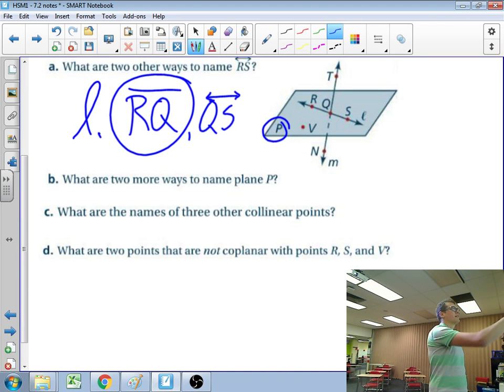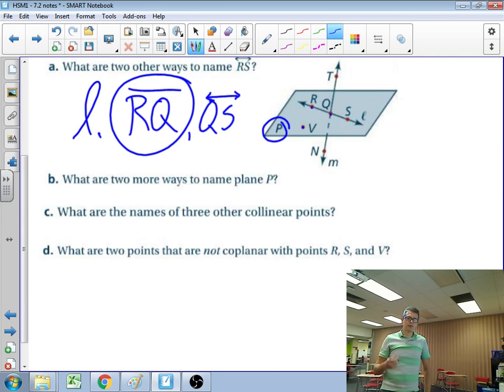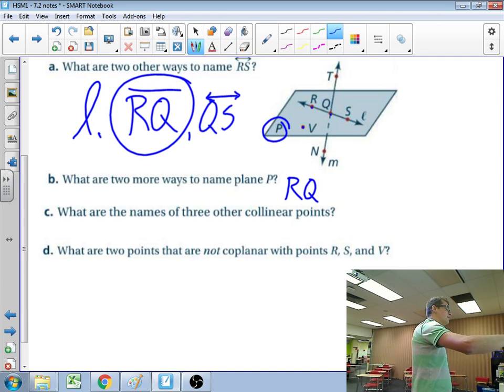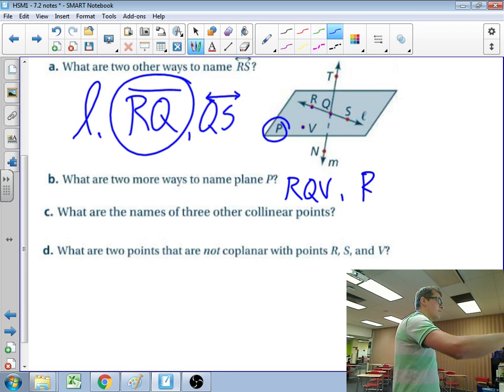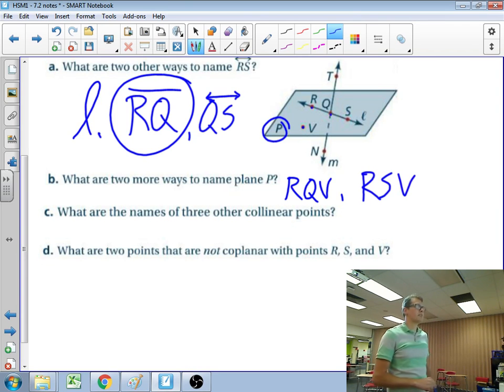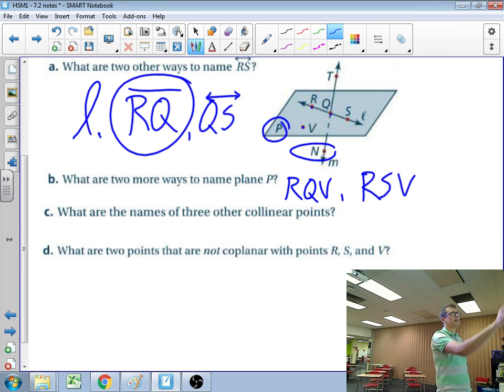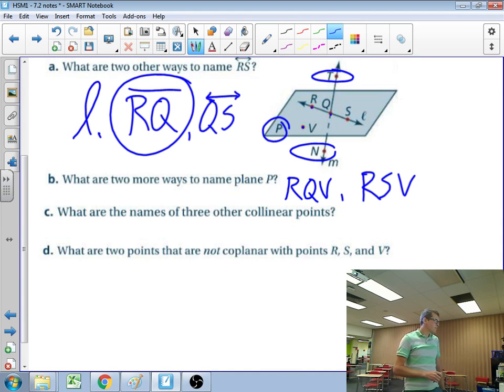If I have 3 points such as R, Q, and V, because now they make a triangle, they have to make a flat surface or a plane. So one way that we could rename plane P is RQV. Another way that we could rename it is just RSV, or any other combination of 3 points that are coplanar but not collinear. Now remember, point N is off limits because that is not on the plane, and same with point T, that is off limits because it is not on the plane.